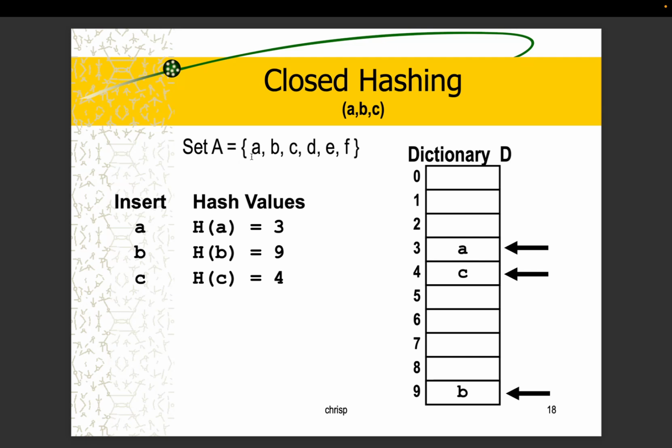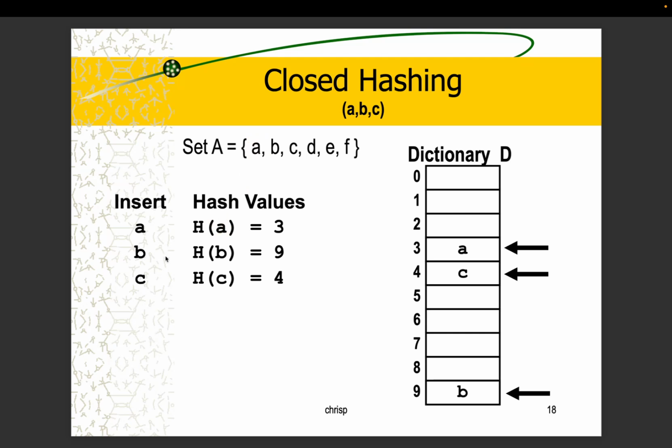Given a set A, B, C, D, E, and F, it doesn't even matter what the hash function does. What matters is that it gives me a specific index where the element is to be placed.